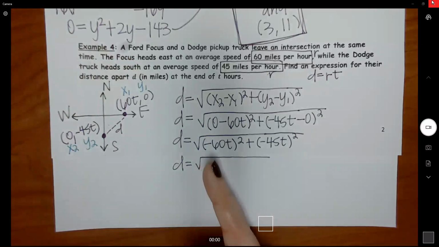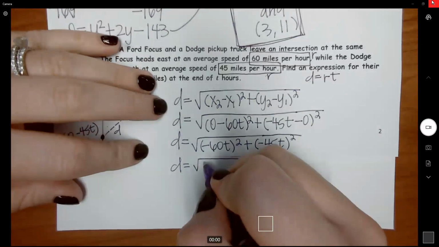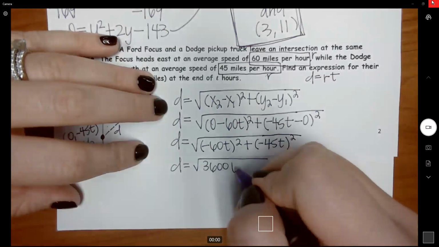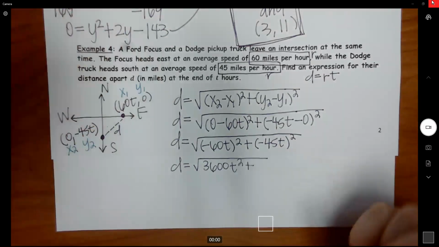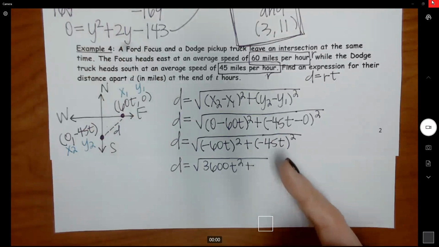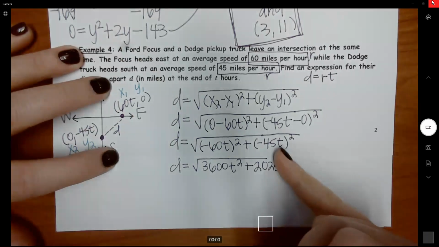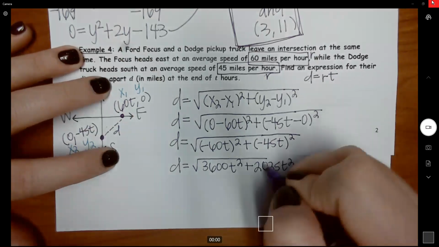So negative 60 squared is 3,600, t squared is t squared. Plus negative 45 squared is 2,025, and t squared is t squared.